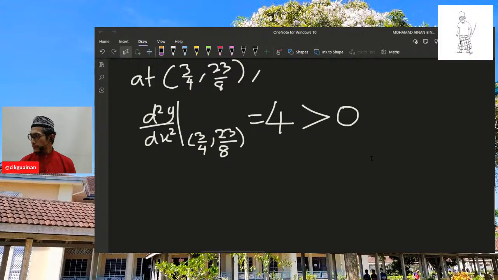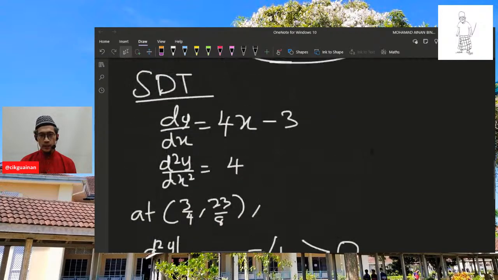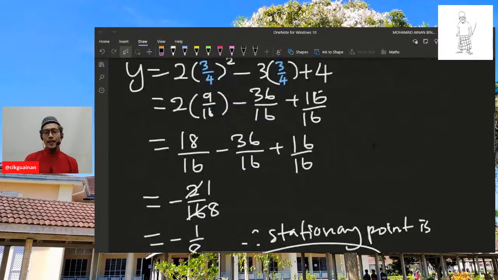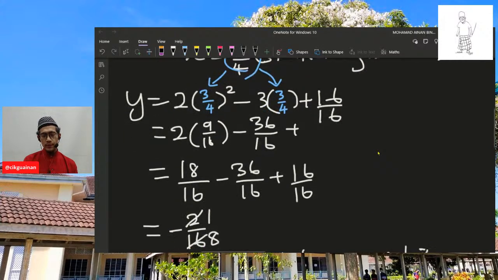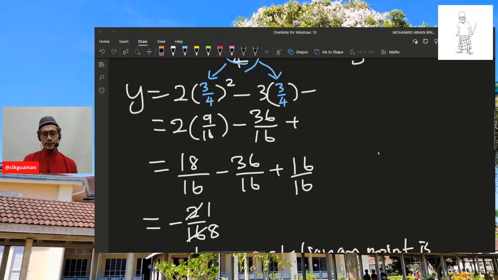I made a mistake above, because 16 over 16 is 1, not 4. So it should be 32, 64. It should be 64.